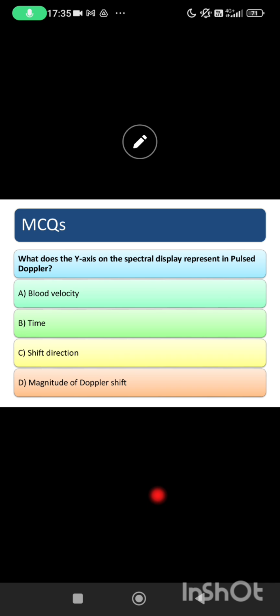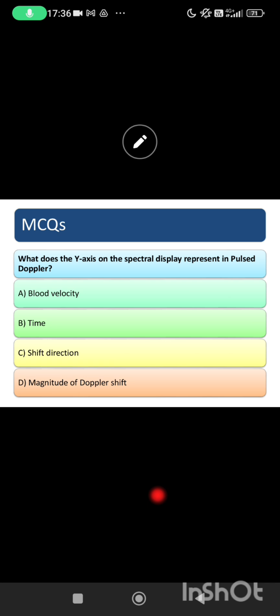The main thing it represents is the magnitude of the Doppler shift, and then we know that further this magnitude of the Doppler shift also tells us about the blood velocity, but magnitude is a broader terminology and it depends on velocity as well as angle.